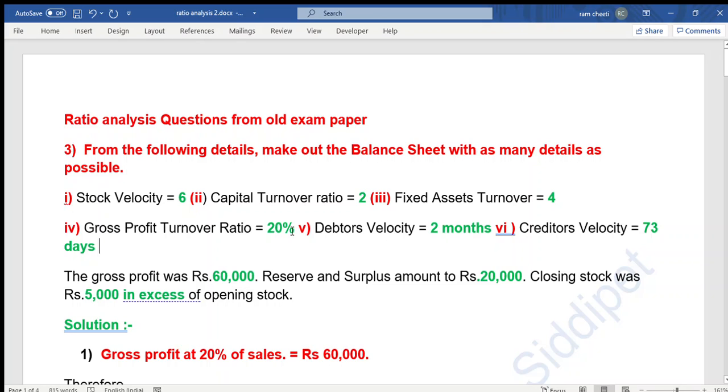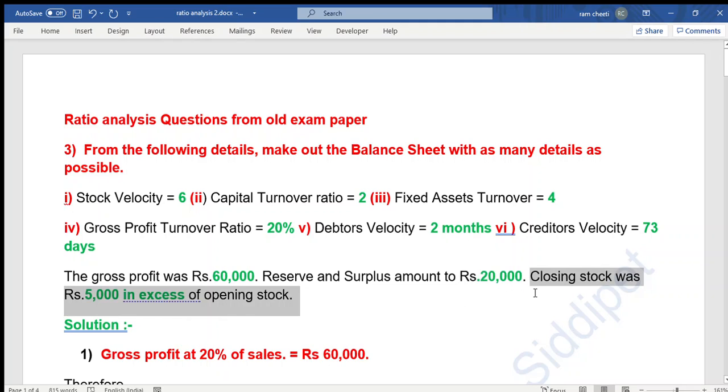So we are given a percentage on sales and also the figure, with which we can easily ascertain sales. We are also given reserves and surplus of 20,000, which is the balance of net profit from previous years, left over by not distributing it to the shareholders.